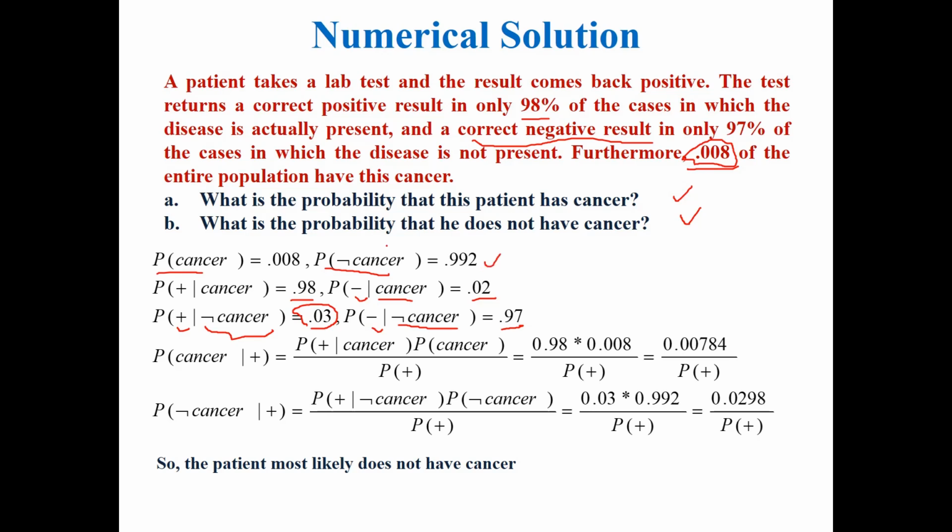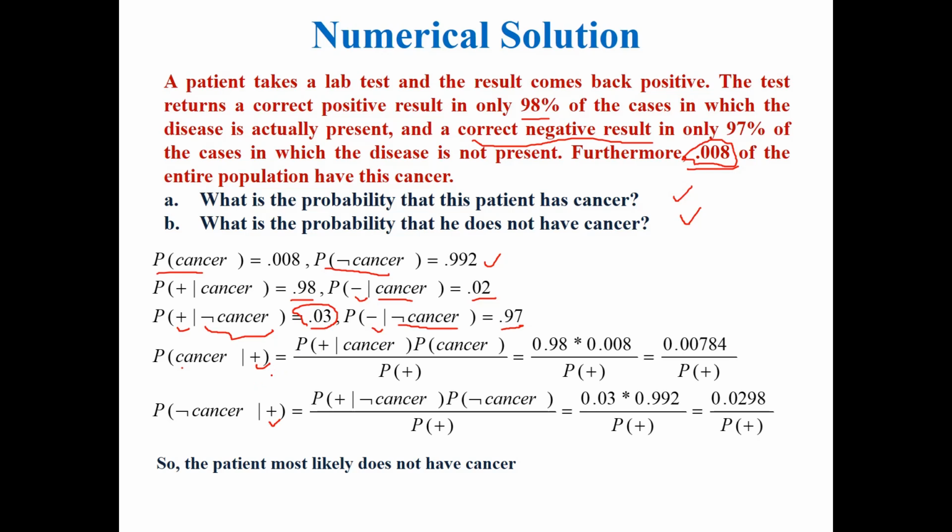If all these terms are known to us, then we can easily find out the probability of having cancer given that the test is positive, and the probability of not having cancer given that the test is positive. We can find both of these terms.